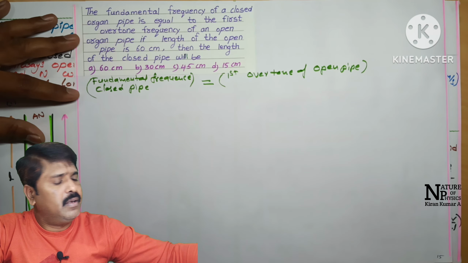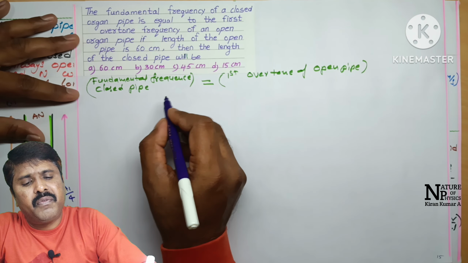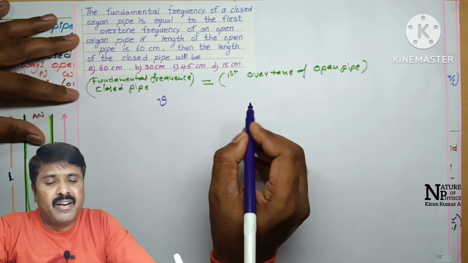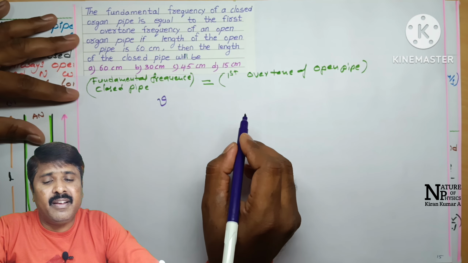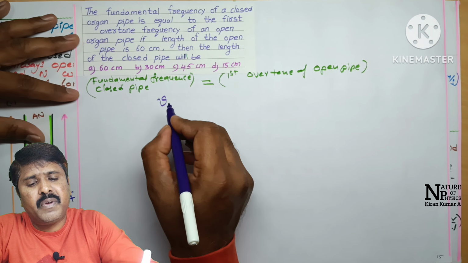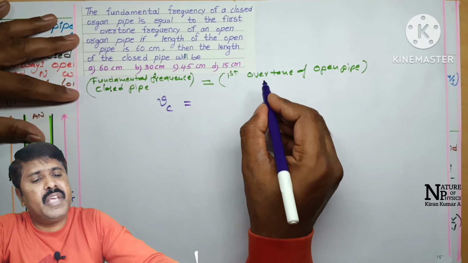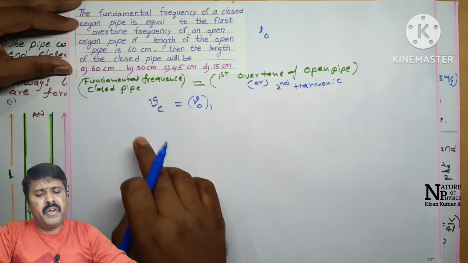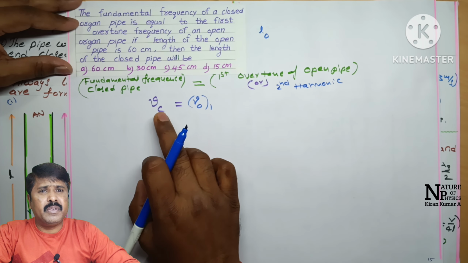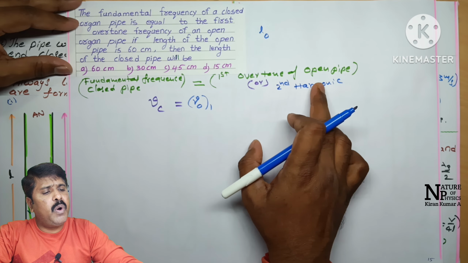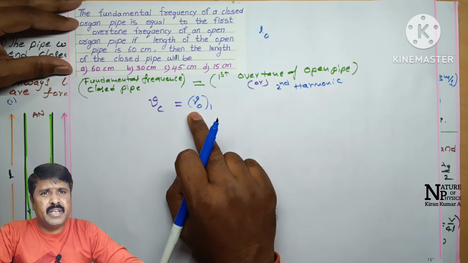So the equation: fundamental frequency of a closed organ pipe, mu or n, anything we can write, student. Here I am writing mu, in the derivation n was taken, anything is the same. Fundamental frequency of closed organ pipe is equal to first overtone. According to the question, C represents closed organ pipe, is equal to the first overtone of open pipe, O represents open pipe.